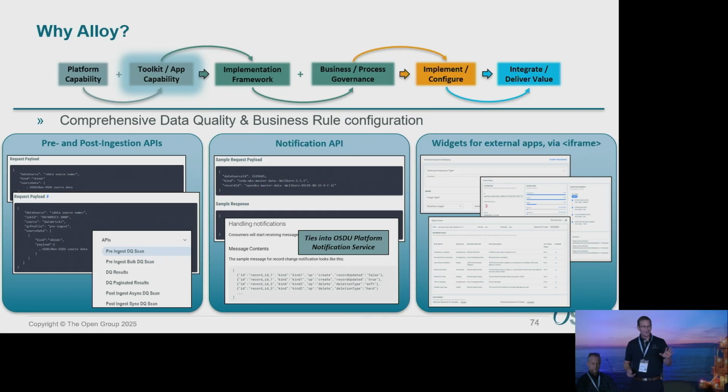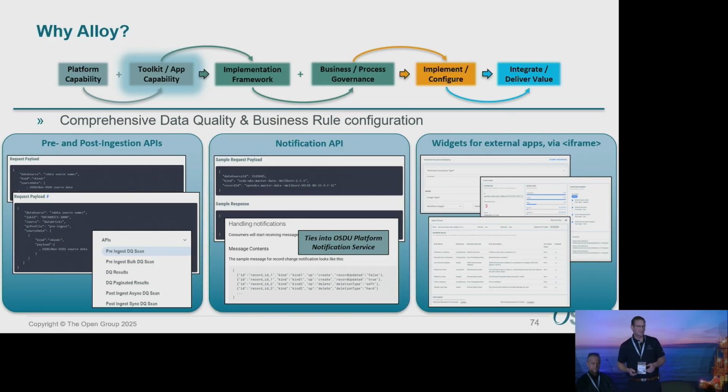Finally, there are 3 capabilities that are really more about working with you in your workflows and your existing processes. So Alloy has some APIs and widgets that enable you to leverage this within your existing systems.